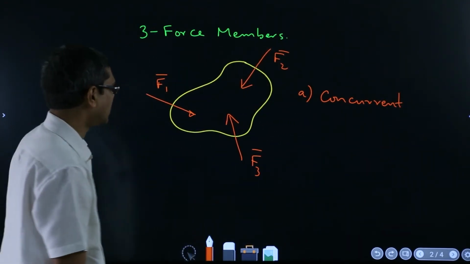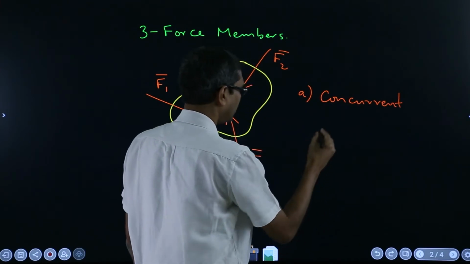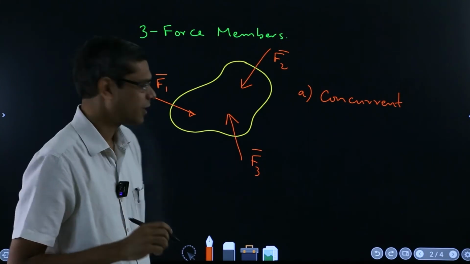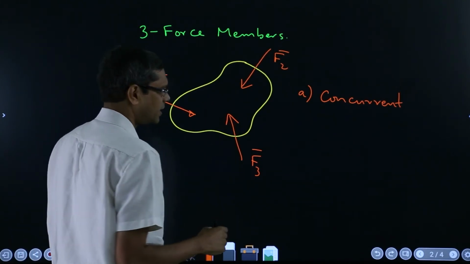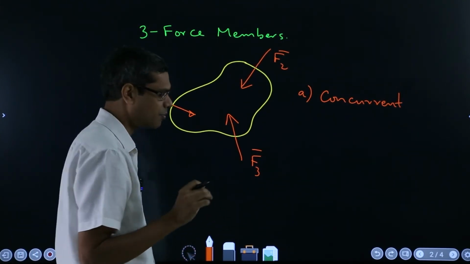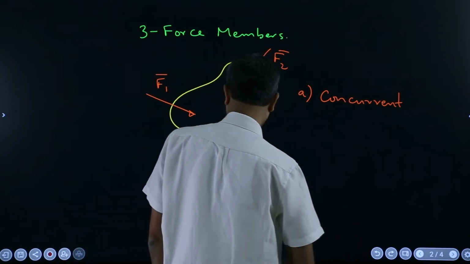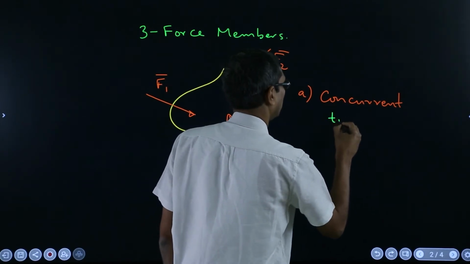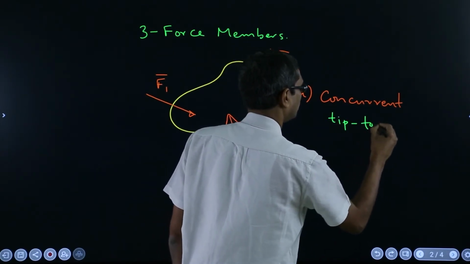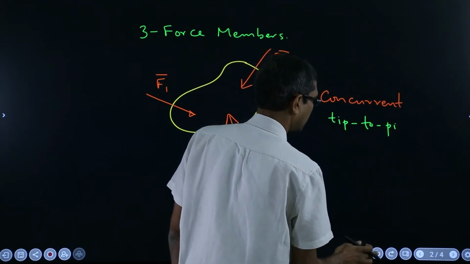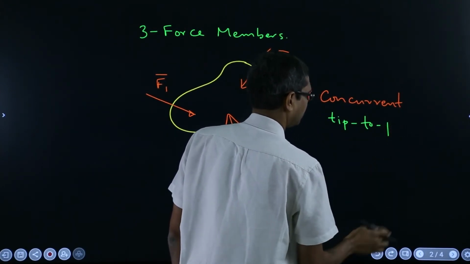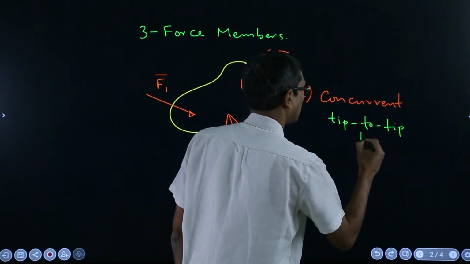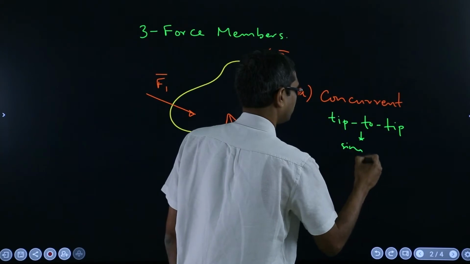Okay, that means if you join them tip to tip, if all the tips are connected, they must pass through the same point, a single point.